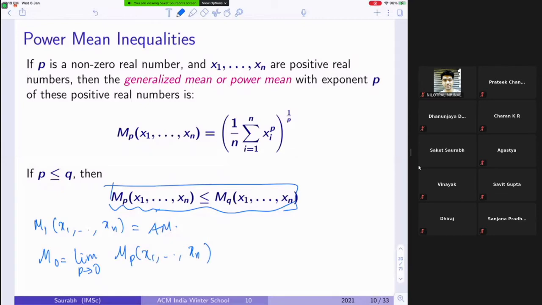As p tends to 0, what will you get? Maybe the sum of all elements? No, that is the arithmetic mean. That is like p equal to 1.